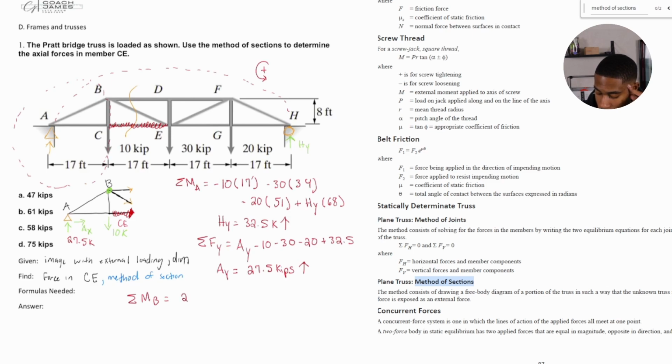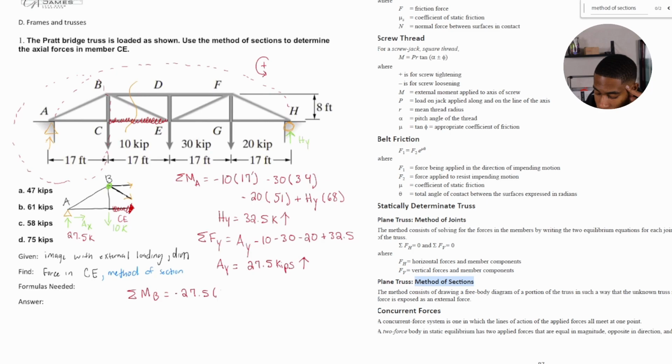So it'll be negative 27.5 kips times my perpendicular distance, which is going to be 17 to point B. And then what other forces do I have? Well, I have this 10 kips coming down, right? And we'll just say plus 10 kips.